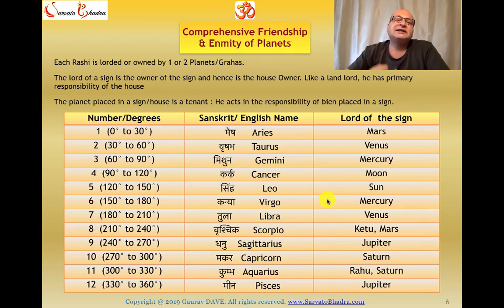That is the thing that we are trying to learn in this lecture series. What are the drivers and what are the circumstances in which the grahas give good results or they give very bad results? We are just trying to understand those scenarios and why a particular graha is behaving like that.